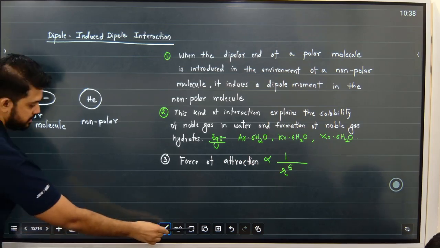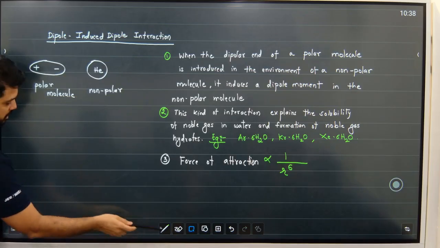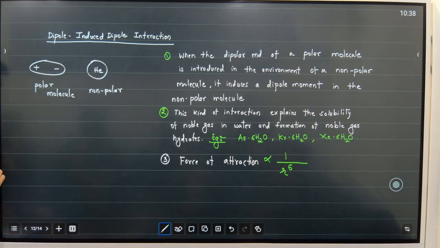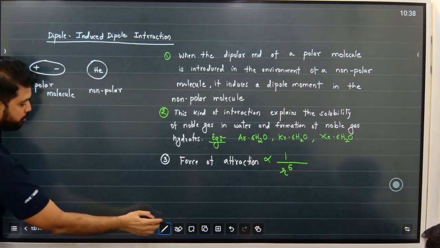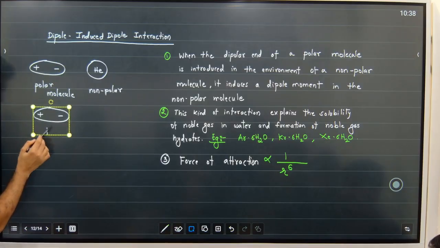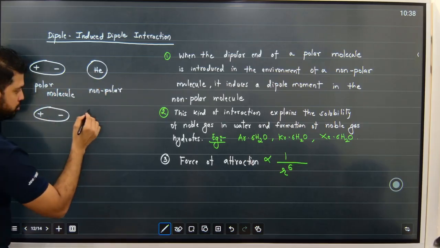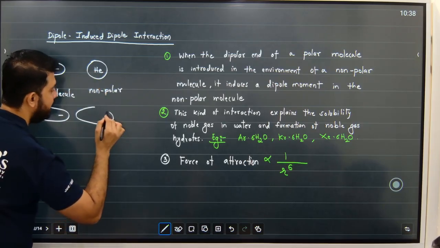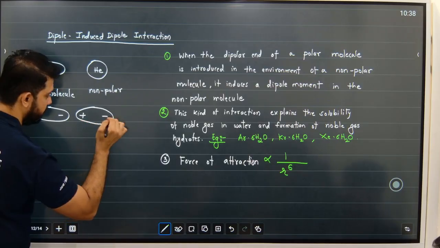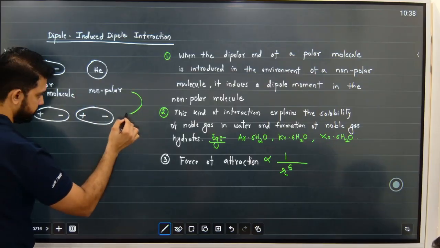Now what happens is, this polar molecule, when it comes closer to the non-polar molecule, it induces polarity. So I repeat, this polar molecule, when it came close to this non-polar molecule, induced polarity, which was non-polar first.